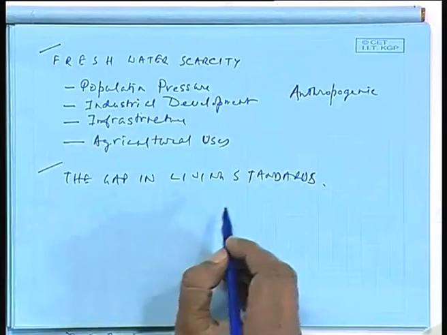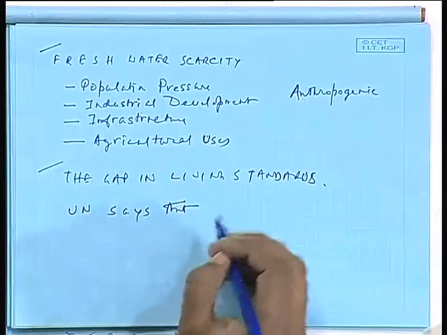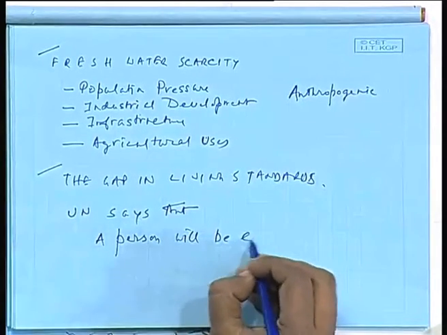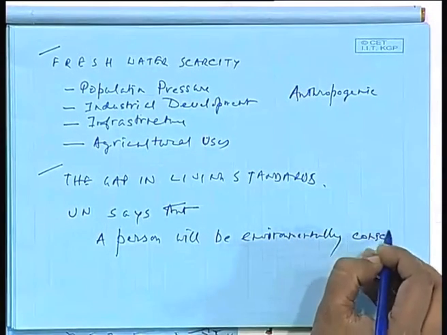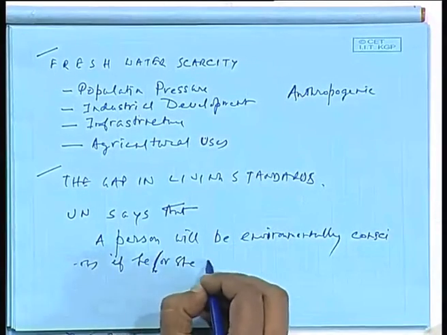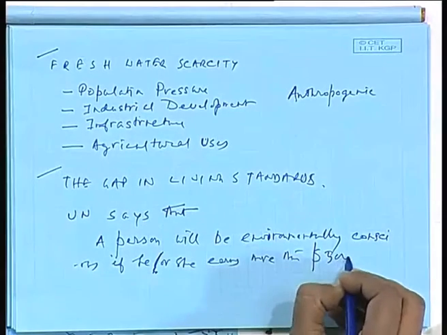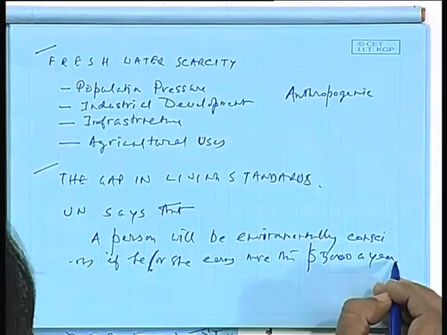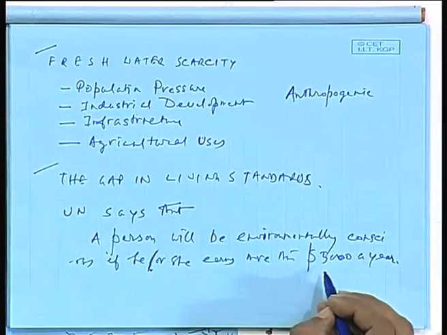It is generally observed, and the UN also says, that you can just write down: a person will be environmentally conscious if he or she earns more than $5,000 a year. This is generally an observation by different policymakers and study analysts.